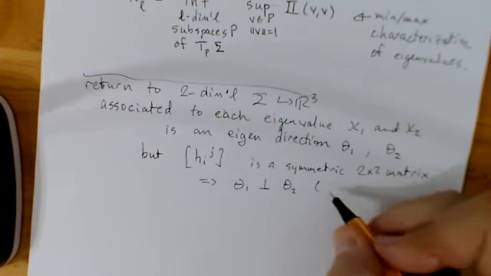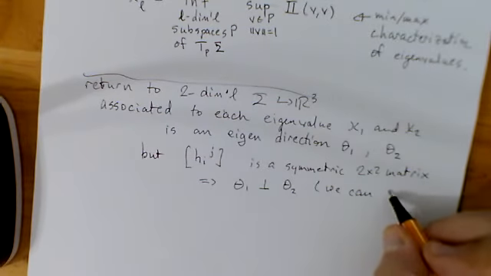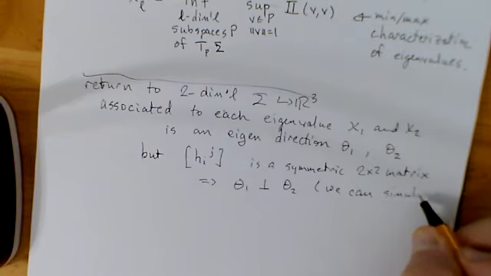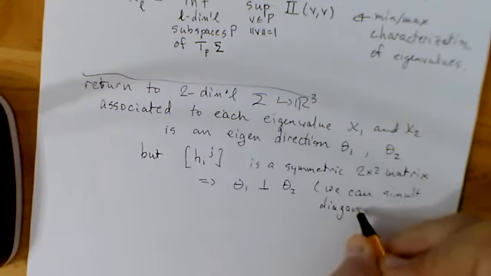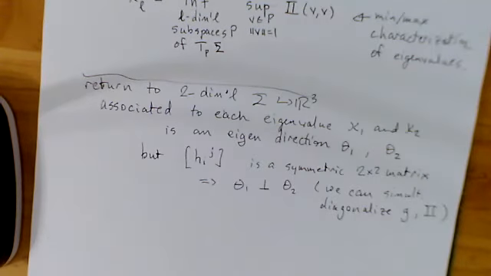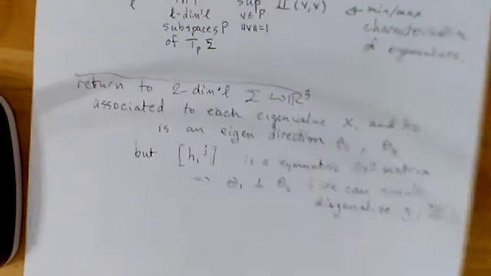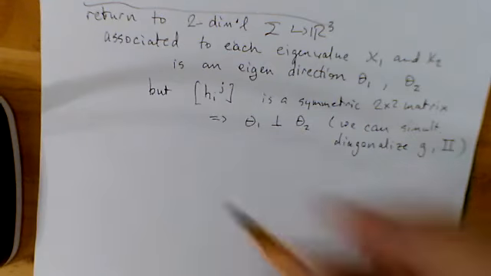So you can think of this as saying that we can simultaneously diagonalize both the metric and the second fundamental form.